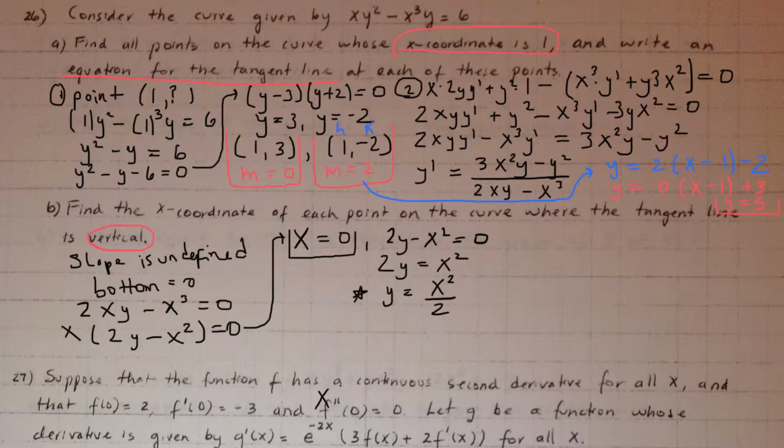So that's going to look like x times y, so x squared over 2 squared, minus x cubed times y, which is x squared over 2. And that equals 6.